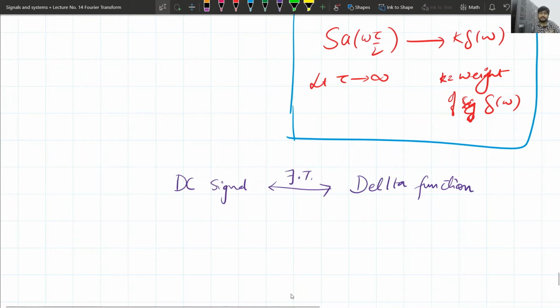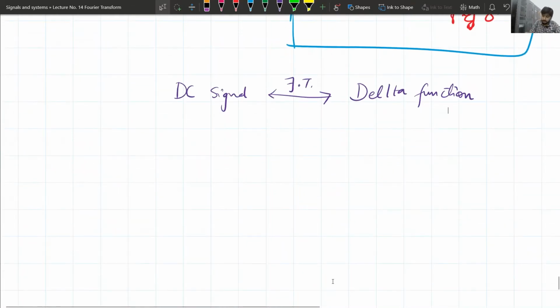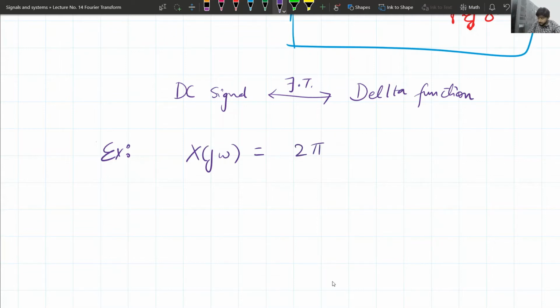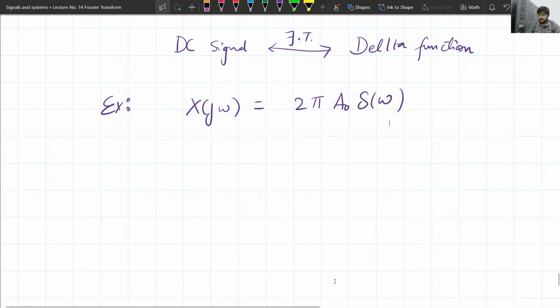We can validate this mathematically. For example, let's say we have a delta function in the frequency domain, 2 pi A naught del omega, where A naught is a constant and we have taken 2 pi for certain reasons.